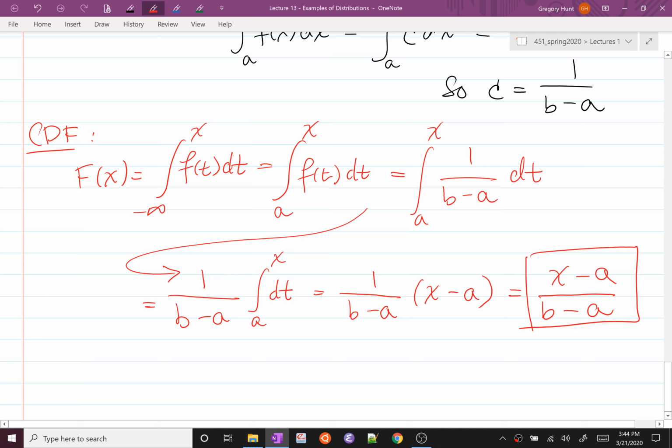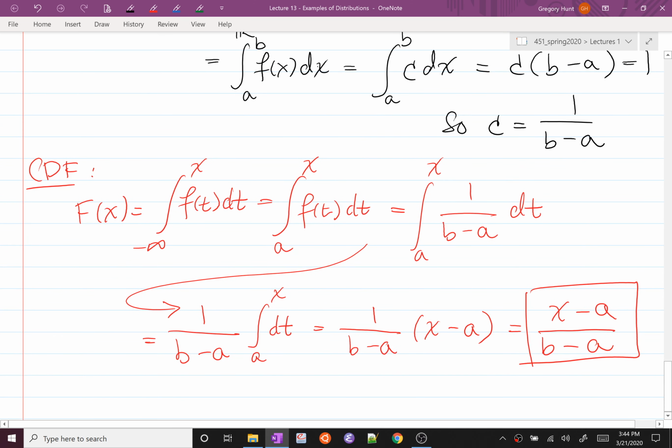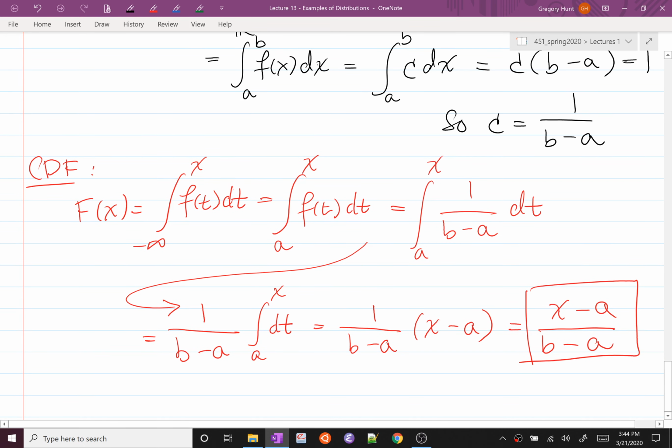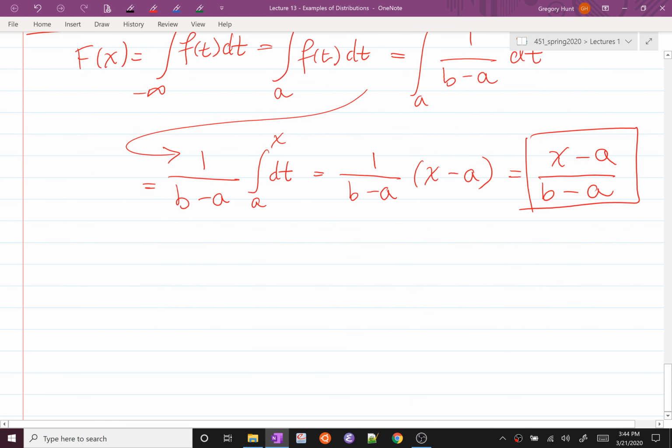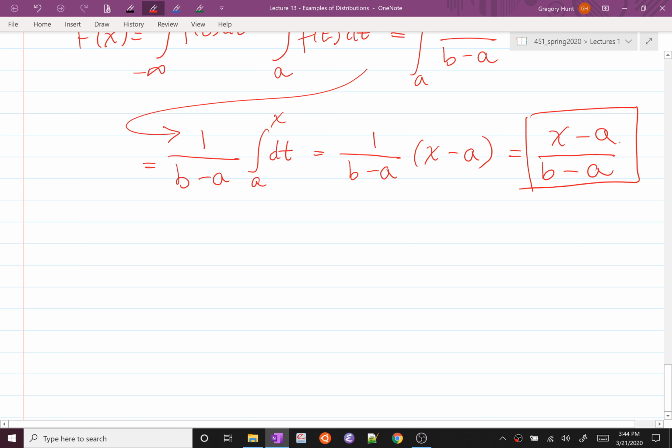It's basically the percentage of the curve I've traced out if I'm at point x. So it's x minus a over b minus a. Notice when I get to b, I'll be at 1. So let's just draw a little picture here of my CDF.